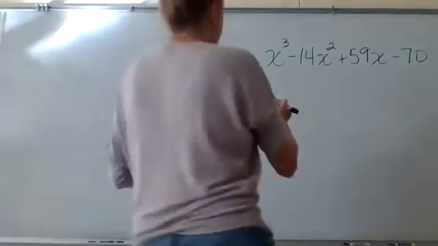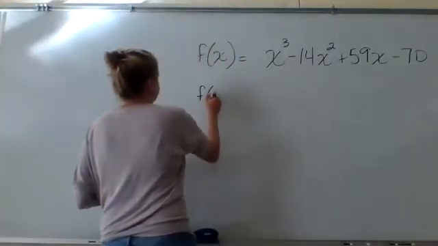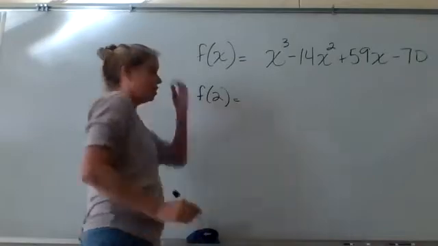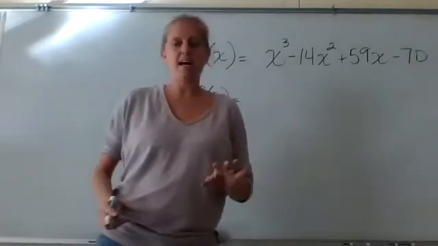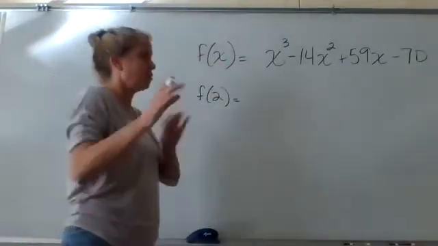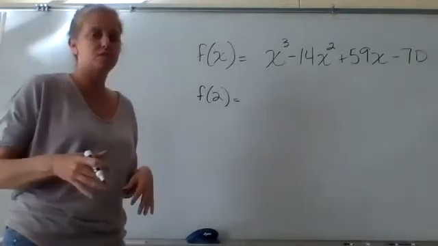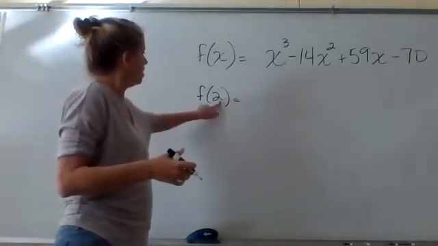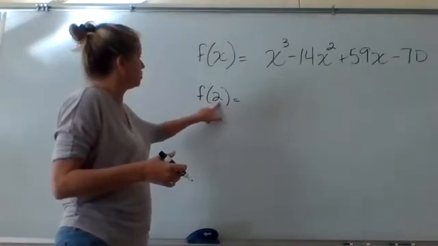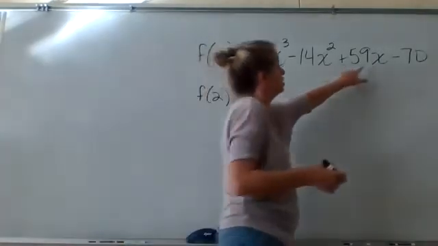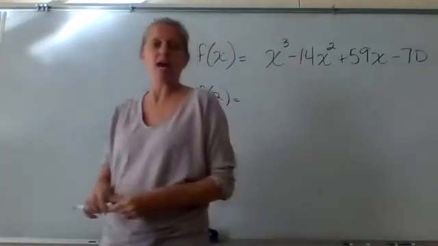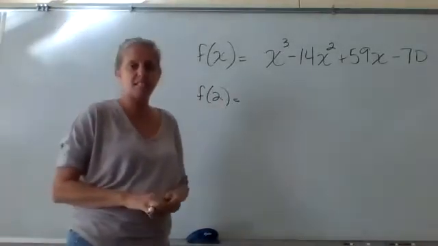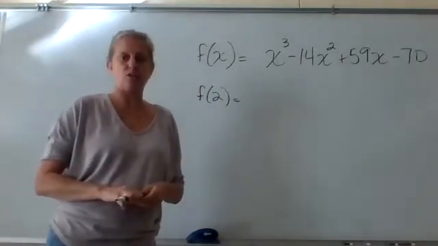So the first thing I have to find is f of 2. This is another way to do something we've already done before. If I have asked before to find f of 2, that meant to go to this function and everywhere you see x, put a 2 in for the x to see what it gives you as the answer, right?